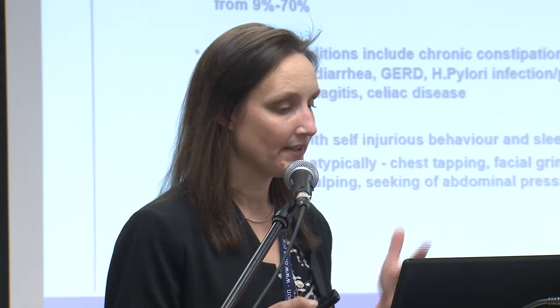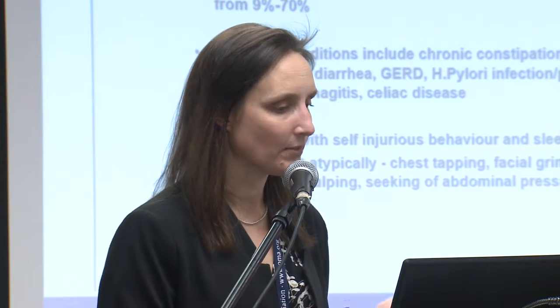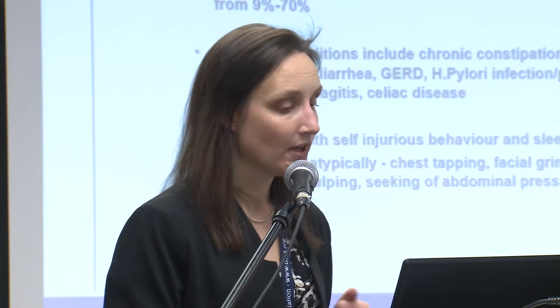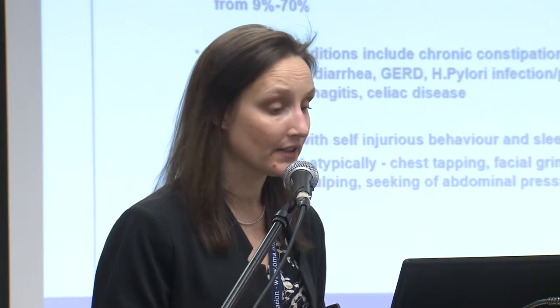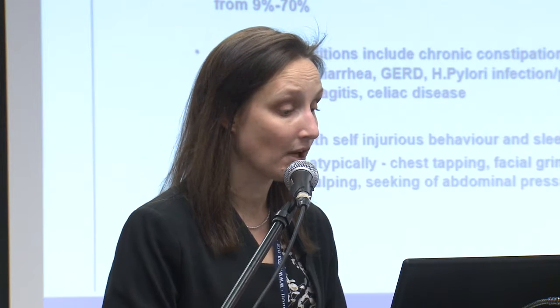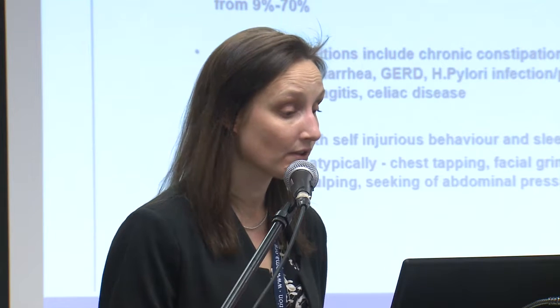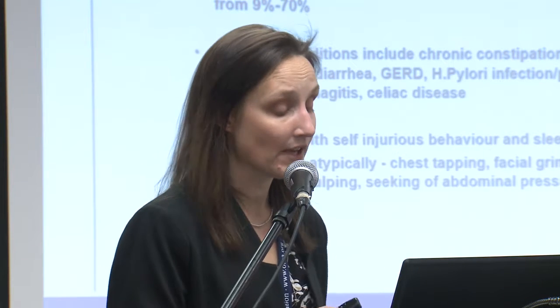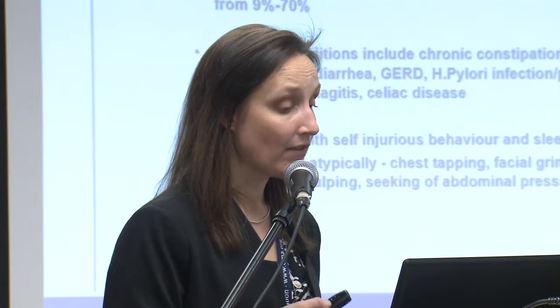We can also see the full range of conditions: chronic constipation, abdominal pain, chronic diarrhea, reflux, H. pylori infection and associations, and celiac disease at higher rates than in the general population, associated with self-injurious behavior and sleep disturbance at times, and can present quite atypically with behaviors that we may not readily recognize.